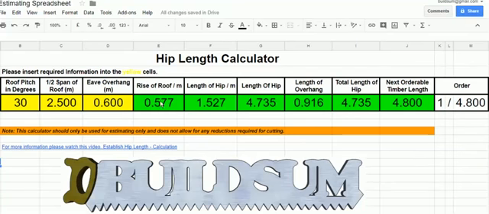It gives us our rise per metre of the roof, our length of the hip per metre, overall length of the hip, which is going to be the total length of the hip, and it gives us an orderable length and how many we need to order. So 1 at 4.8, but obviously, you need to go around and count the number of hips that you've got on your roof.